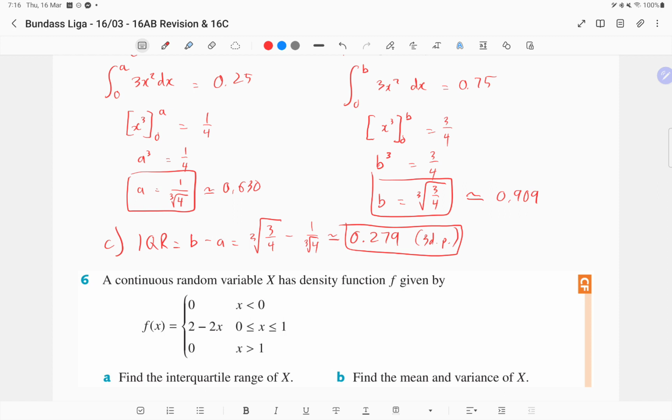Question 6 is a combination of every single concept in this chapter: interquartile range, then mean, and then variance.